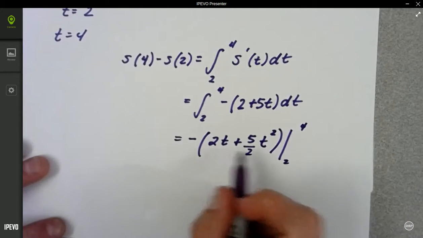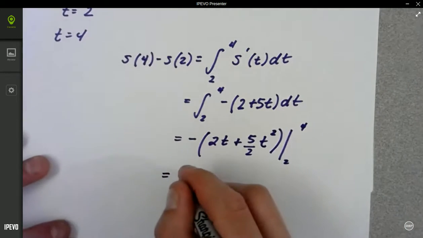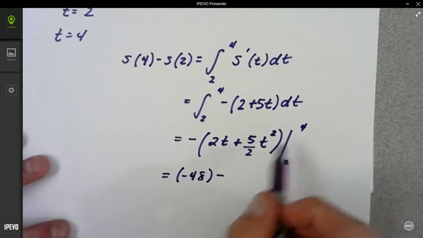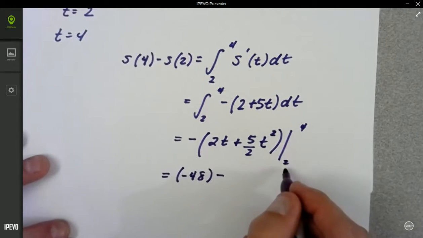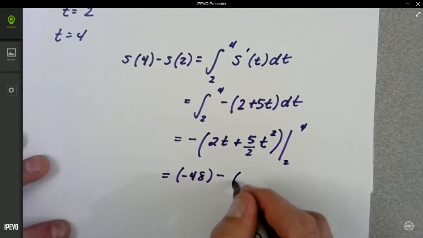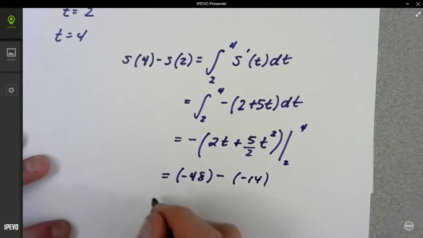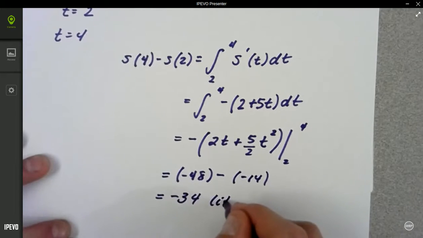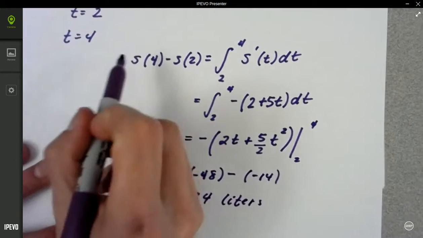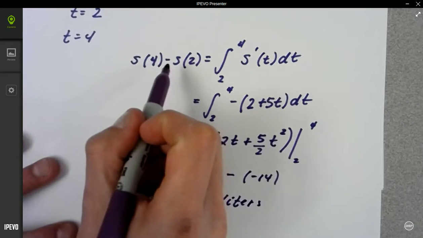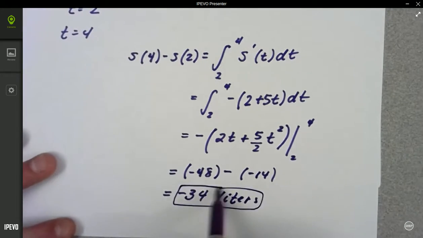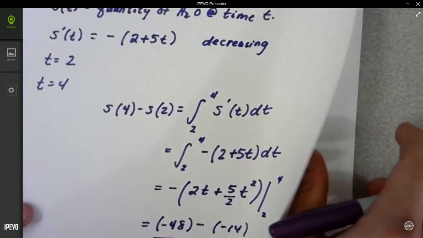Plugging in 4, we get negative 48, minus s of 2, which is negative 14. So our answer is negative 34 liters. The net change over that interval between 9 and 11 is negative 34 liters, because it's decreasing, it's leaving. That's our first example.